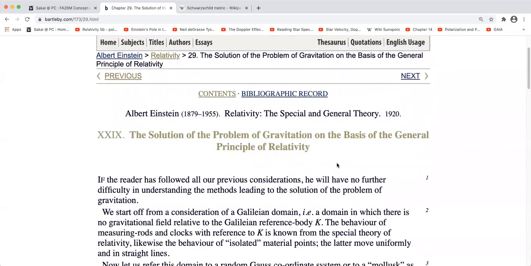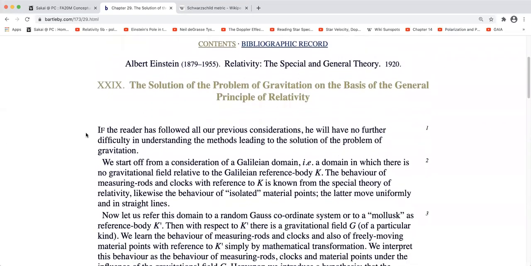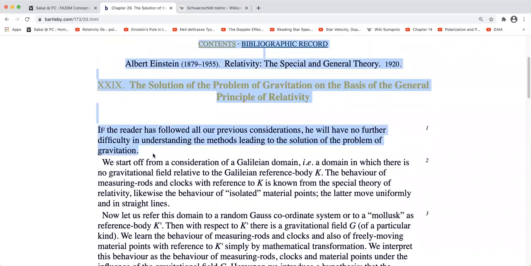I like how he begins here in section 29. He says, if the reader has followed all our previous considerations, he will have no further difficulty in understanding the methods leading to the solution of the problem of gravitation.